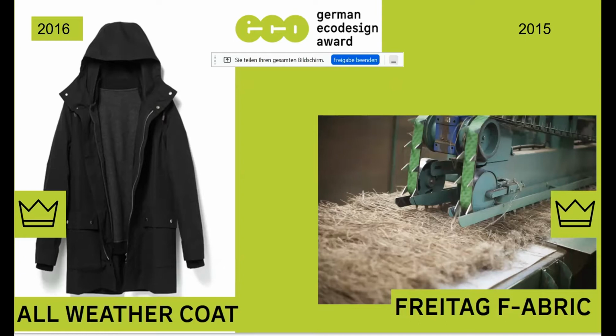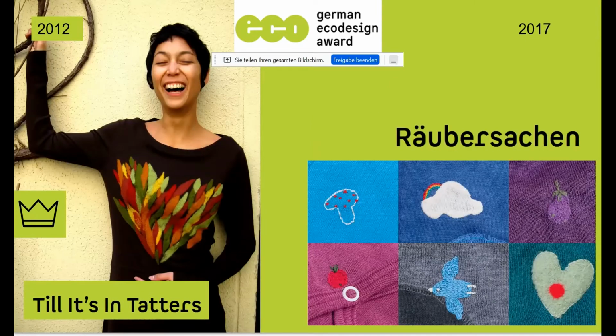And the last 2 examples go more in the direction of service. It's called From the first year till it's in tatters. If you have a favorite piece of clothing that after some years is kind of destroyed, but you really like it, they help you so you can still wear it. They combine it with some other parts they have.